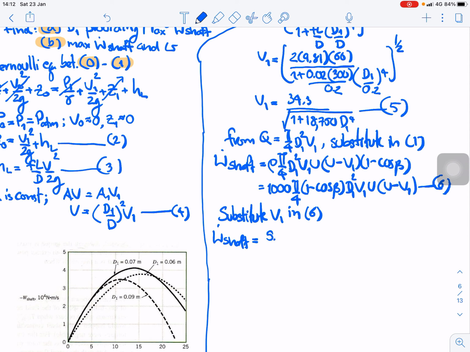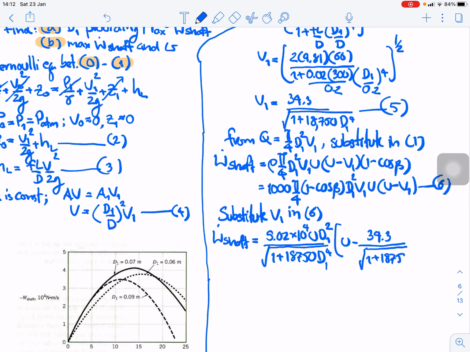The power is equal to, substitute numbers in.